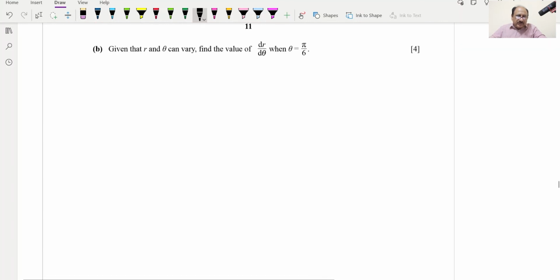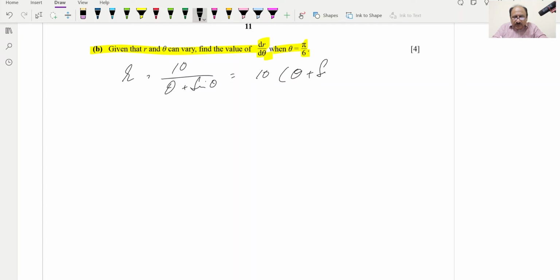Now part B, it says, given that R and theta can vary, find the value of dr over d theta when theta is equal to pi by 6. So we know R is equal to 10 over theta plus sine theta. We can rewrite it with the denominator as theta plus sine theta raised to the power minus 1, and now we can take the derivative. dr over d theta is equal to 10 as it is.